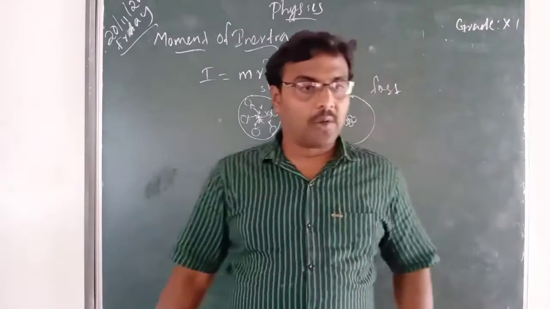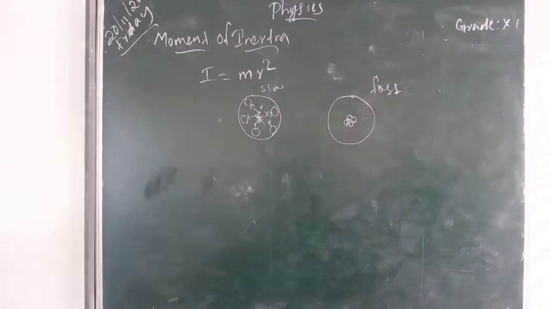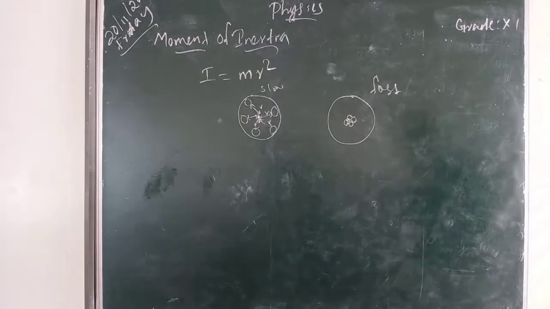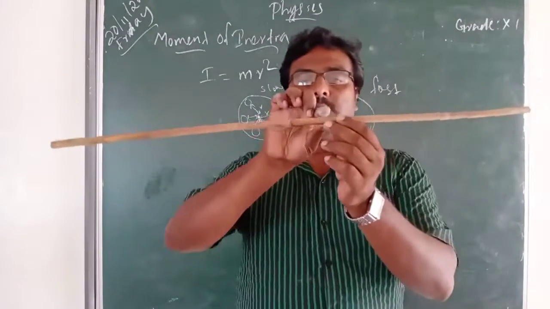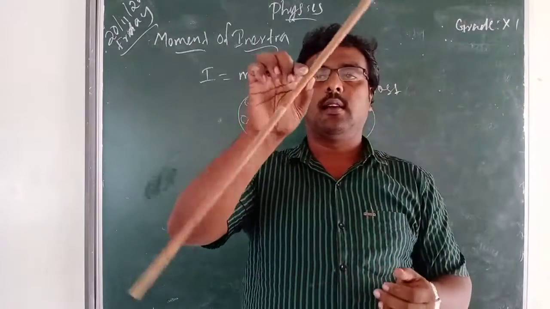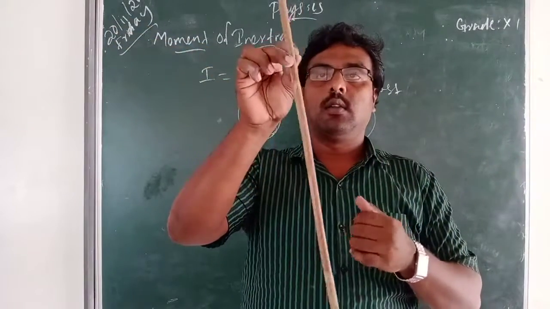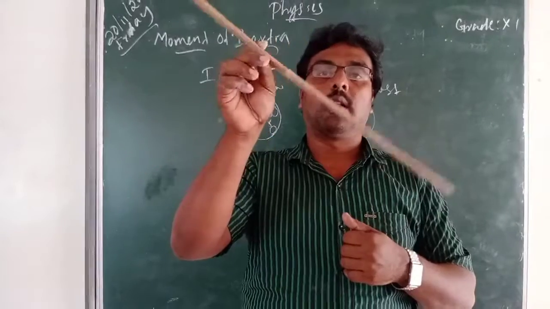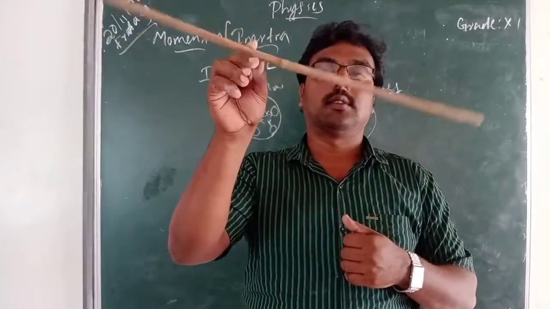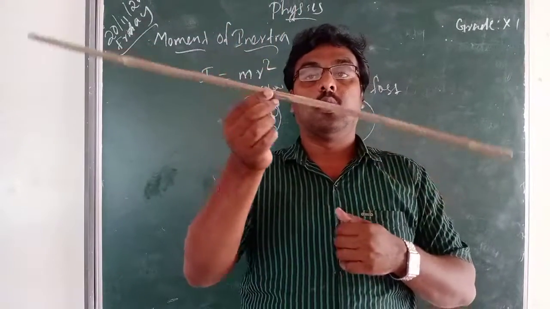Another good example you can take, listen here, this is a stick. Assume that you are holding it like this and you are trying to rotate it. Now there is nothing to resist. It gives some motion.